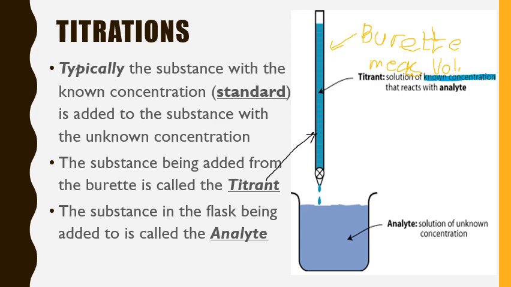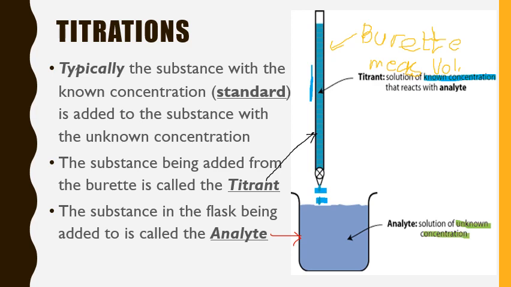Usually the thing that you actually know the concentration of goes inside the burette. And then you'll notice you add it into a solution that's called the analyte. Analyte because we are analyzing it. We don't know its concentration. And so we have an unknown concentration in there.